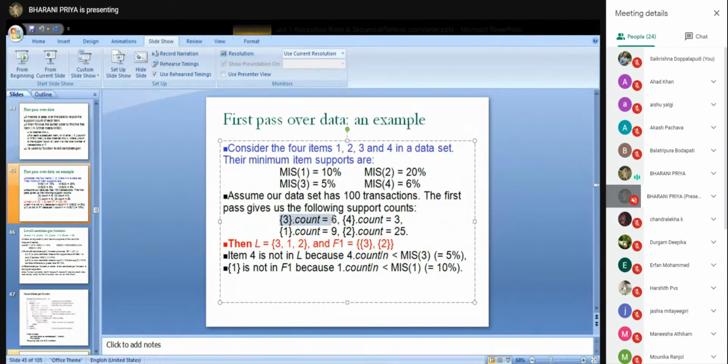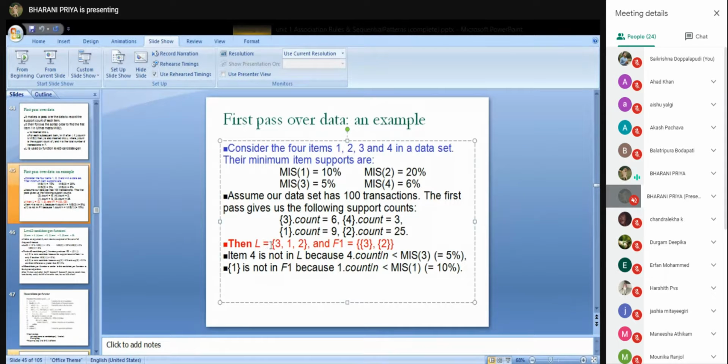Consider the first value as i, because we have sorted, and the next value will be j.